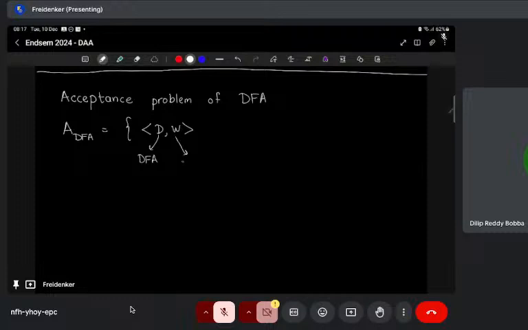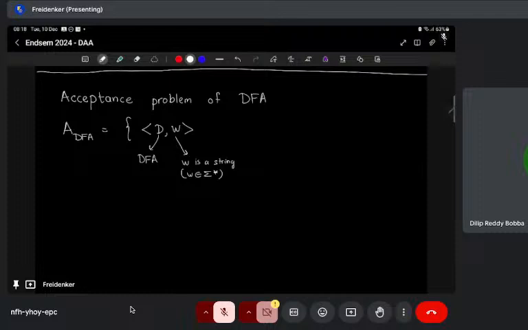So W comes from sigma star. If sigma is the alphabet, sigma star is the collection of all strings, right? So W comes from sigma star. It's a string essentially.